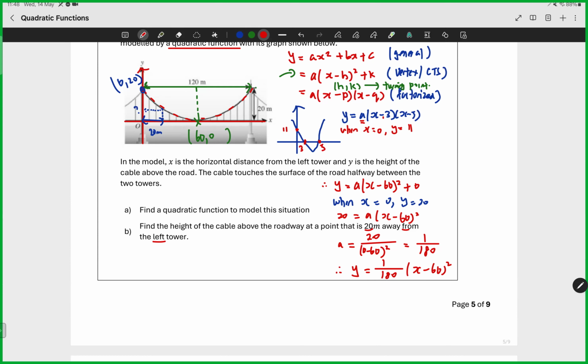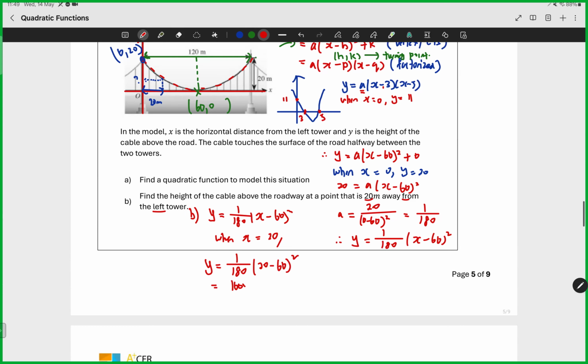From our equation, y equals 1 over 180 (x minus 60) squared, when x equals 20, y equals 1 over 180 (20 minus 60) squared. So that is equal to 1600 over 180, which works out to be 8 and 8/9 meters.